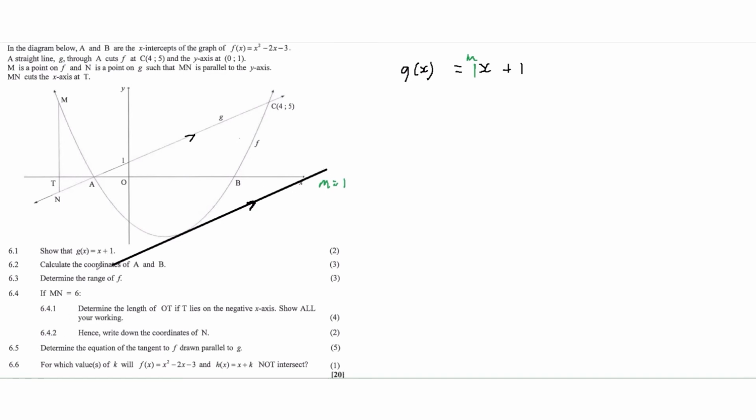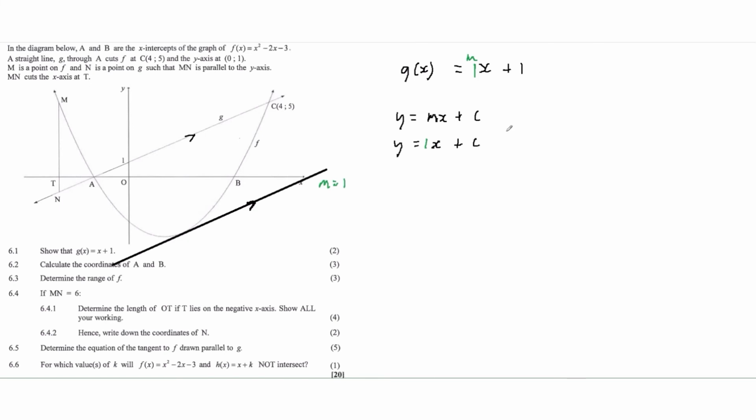So straight away, if we look at the equation of our straight line in the form of y equals mx plus c, we know what our m value is. It's going to be 1x plus c, or just x plus c. So now we need to calculate our c value.